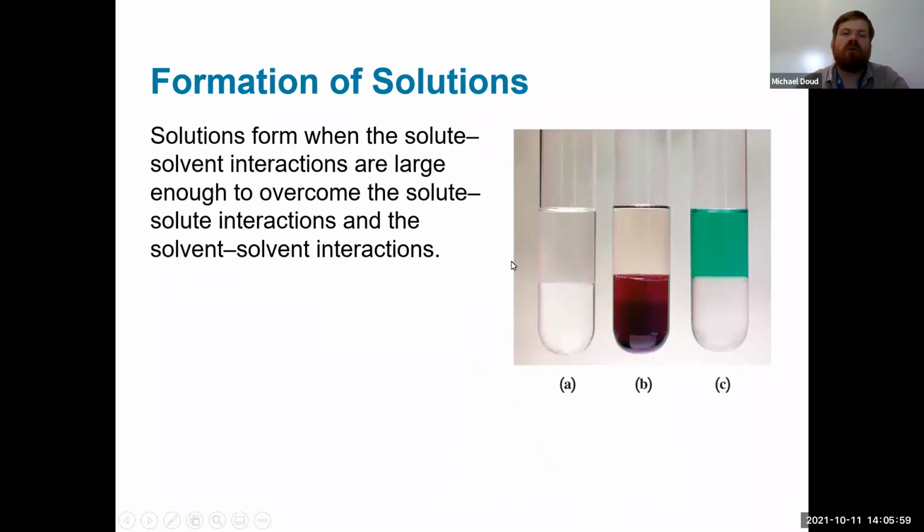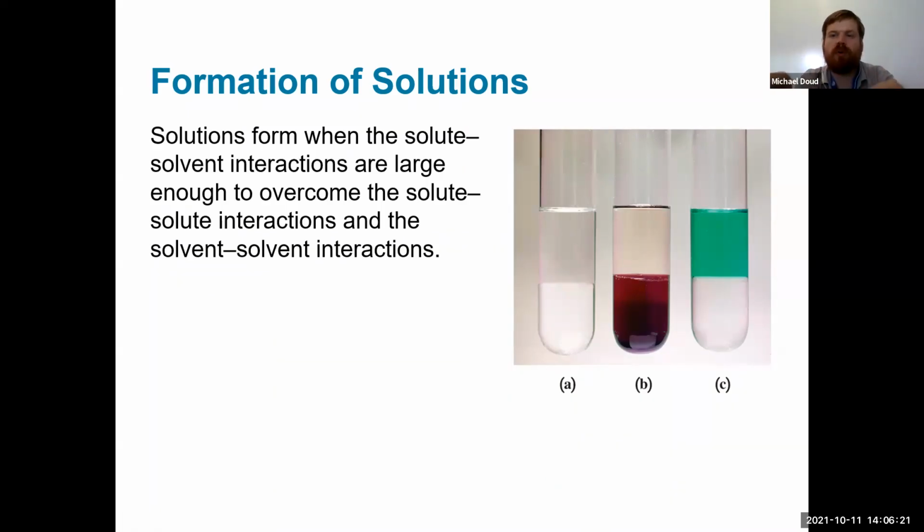Okay, so how do solutions form? Well, solutions will form when the interactions between the solute and solvent particles are large enough to overcome the solute-solute interactions and the solvent-solvent interactions. So you can think of it like mixing a group of people at a party, for example.